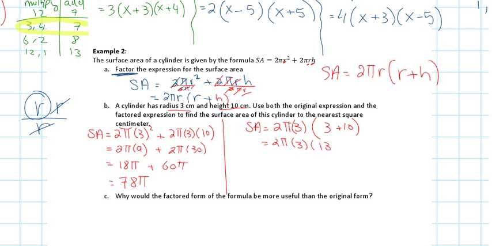Because 10 plus 3 is 13. Now, if I do 13 times 3, that's 39. Times 2 is 78, no? 2 times 9 is 18. 2 times 3 is 6 plus 1, that's 78. So I have 78 pi. I'm done.